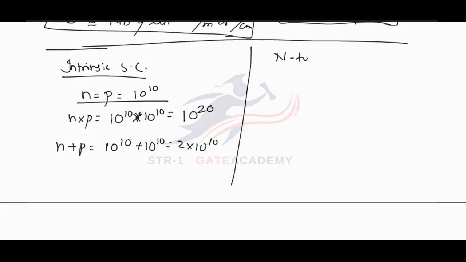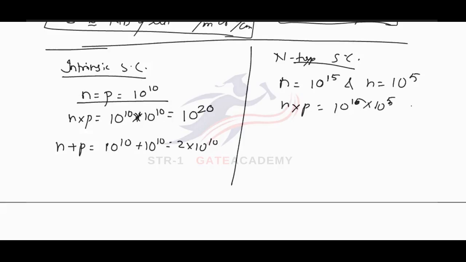In case of n-type semiconductor, for example, I take n equal to 10 raised to power 15 and p equal to 10 raised to power 5, then n into p equal to 10 raised to power 15 into 10 raised to power 5 equal to 10 raised to power 20. According to mass action law, both the values are same.